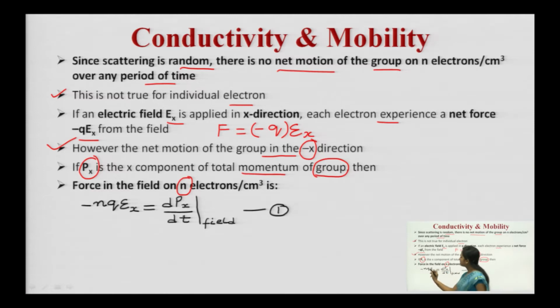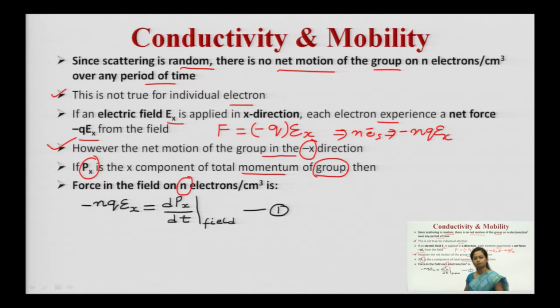You have written the equation for 1 electron, so for n electrons this equation will be minus n q into Ex equal to d px upon dt.